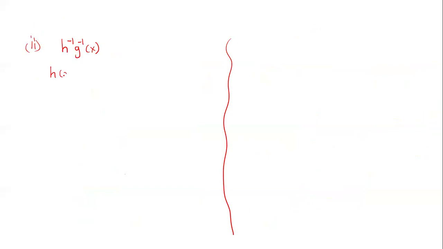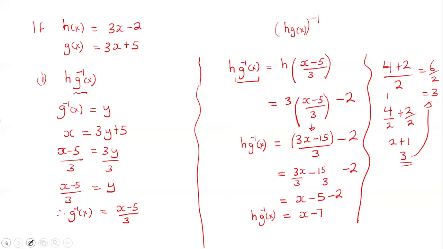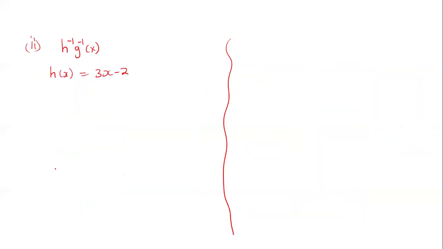So, Favor, our h of x is equal to 3x minus 2. That is our h of x. Can you get for us the inverse? Favor, is it possible for you to get for us the inverse?